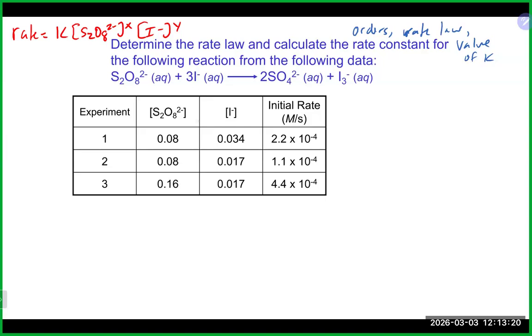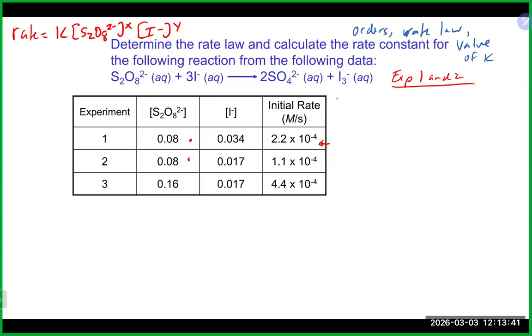Just looking at this, I can see experiments one and two will keep this concentration the same and vary the other, so I'm going to start with that. Once again, I'm going to put the one with the higher rate up on top, just to give me more whole numbers and fewer decimals.